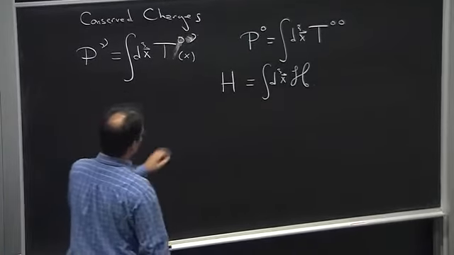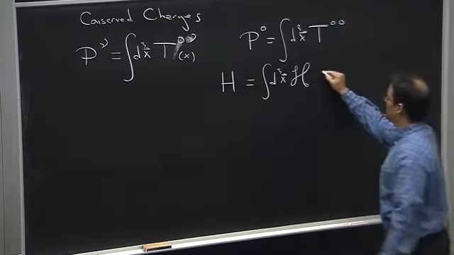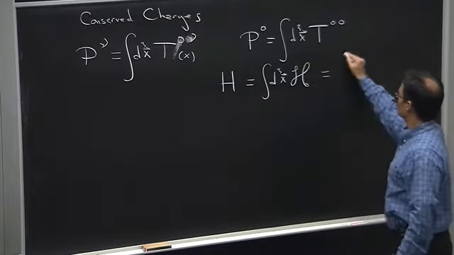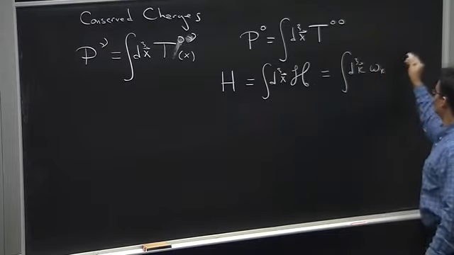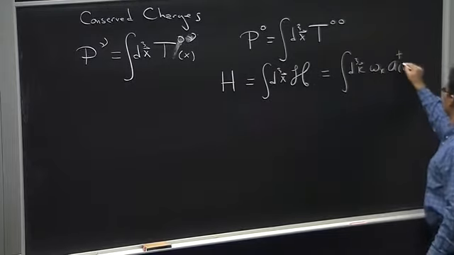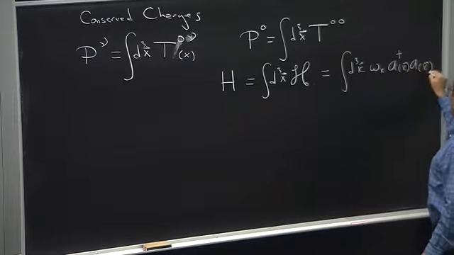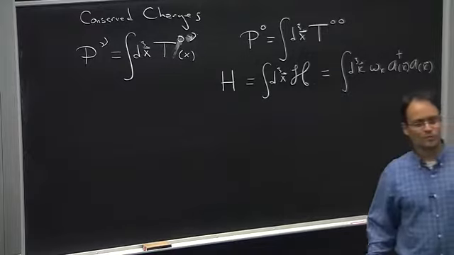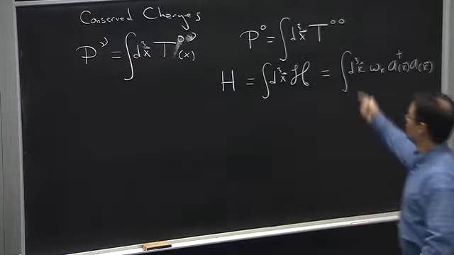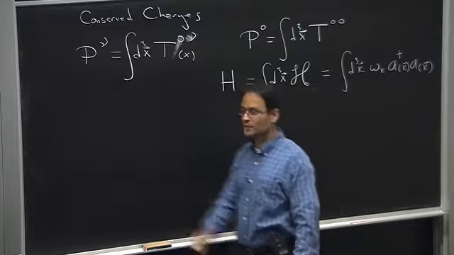Very good. But we know that the Hamiltonian in our Klein-Gordon theory was of the form integral d3k omega k a dagger k a k, right? So I encourage you to go through the exercise of actually computing the other components.